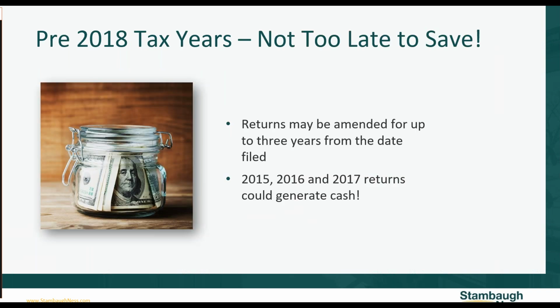So if you weren't aware of the changes back in 2016, don't despair. Certainly, there still may be an opportunity to go back and capture the savings that could be generated for 2016, for 2017. Even 2015's tax year could still be under statute and could be amended.